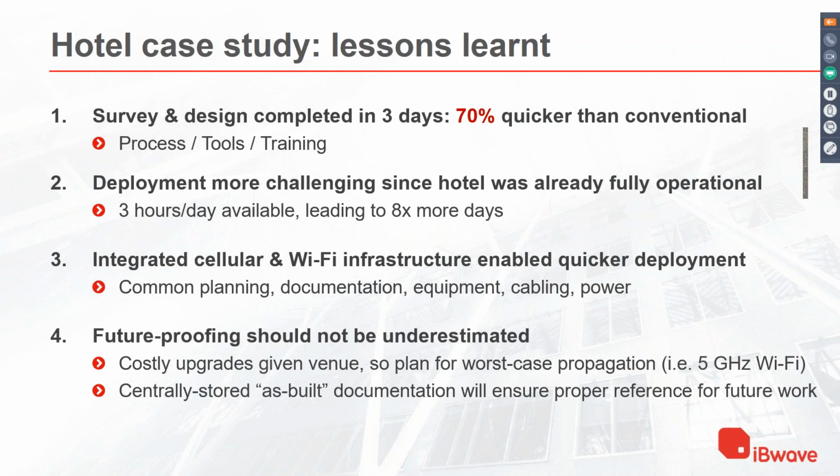And the fourth one is future-proofing, which I think is really important and should not be underestimated, especially given this type of venue. Any upgrades are going to be costly, for sure. So I think it's important to plan for worst-case propagation, which is what was done here for 5 gig Wi-Fi. And as I said before, more and more people are moving to that.